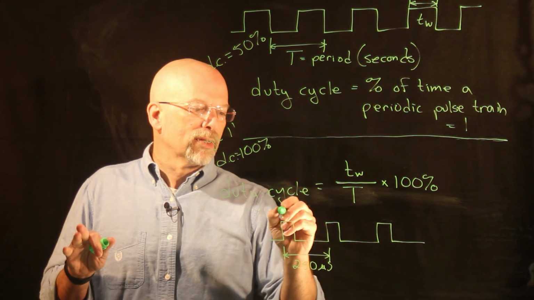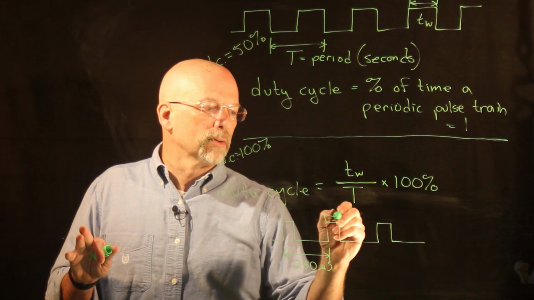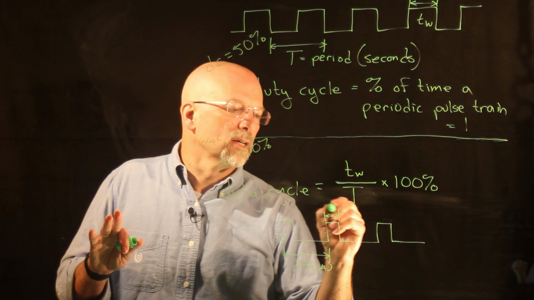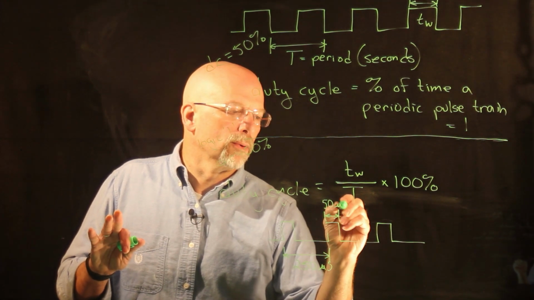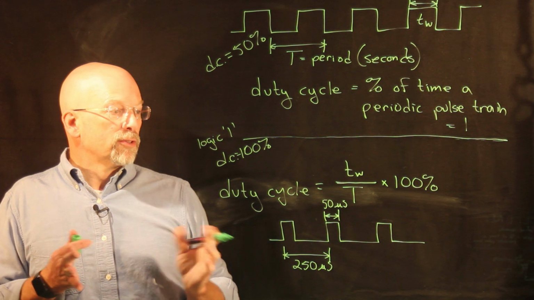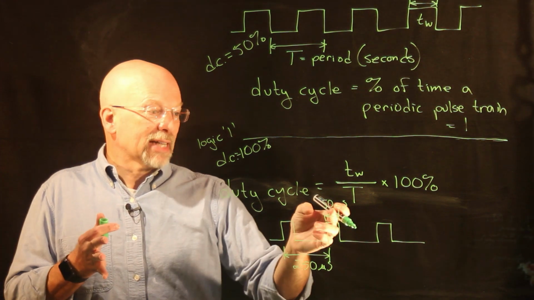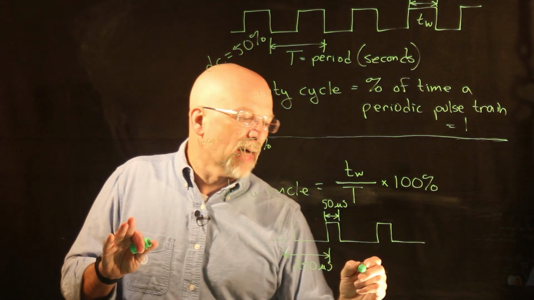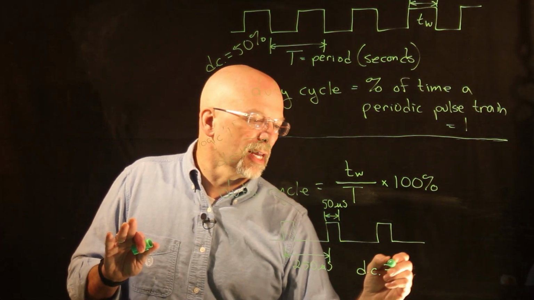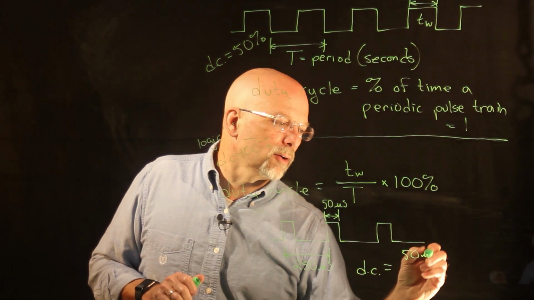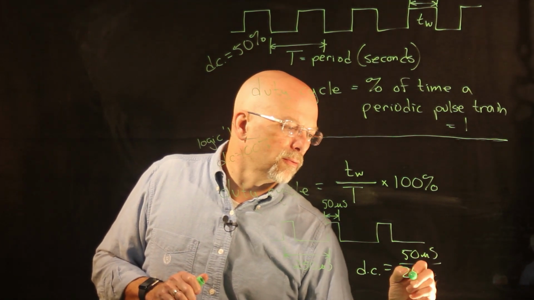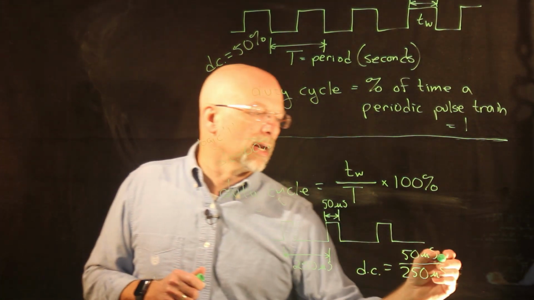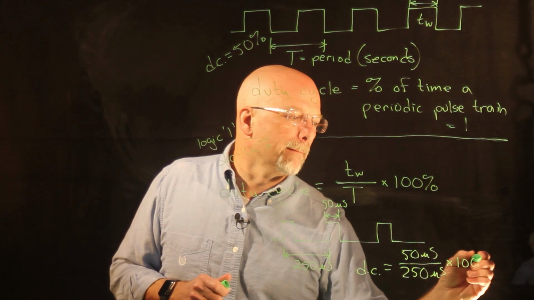The pulse width, capital T sub W, let's say is 50 microseconds. That's the amount of time we've got a logic 1 over a period of 250 microseconds. That means our duty cycle is 50 microseconds over 250 microseconds, times 100%.